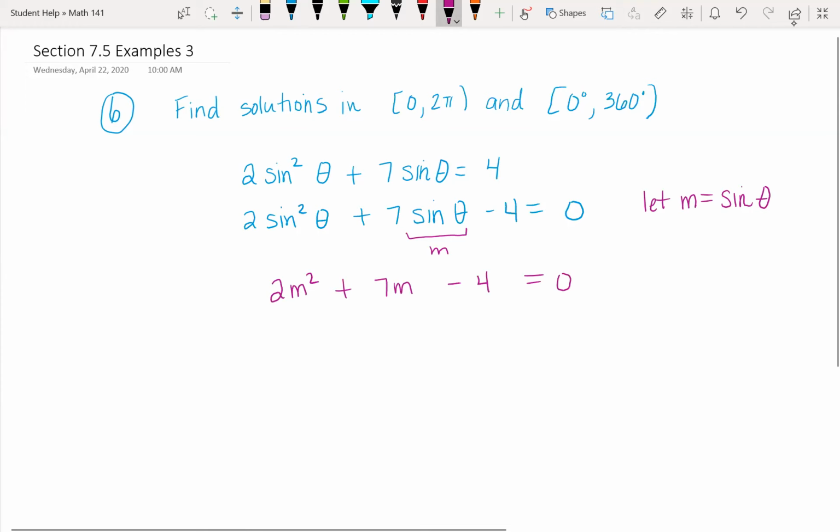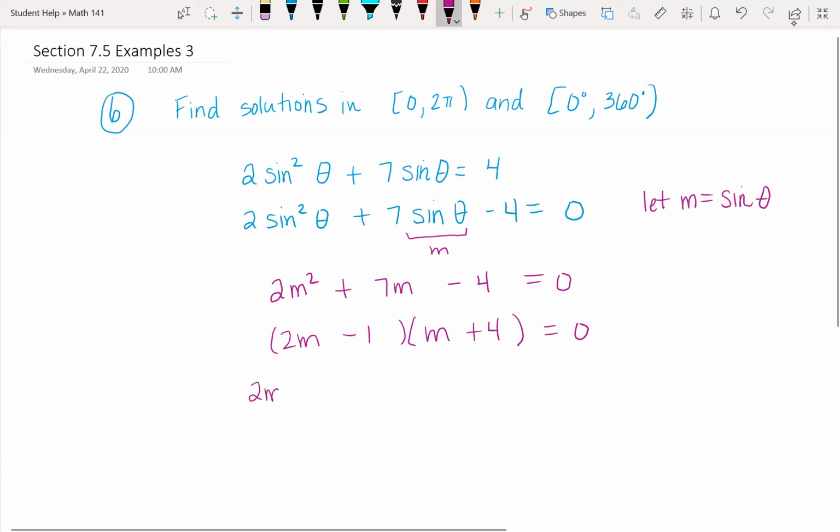And this factors into, let's see, 2m, m, I think we'll have minus 1 and plus 4. Yeah, that works. And we use the zero principle to split this into 2 different equations.